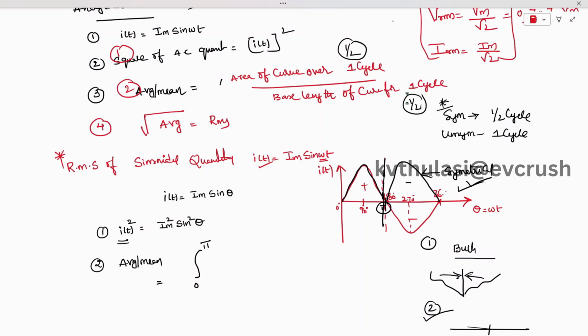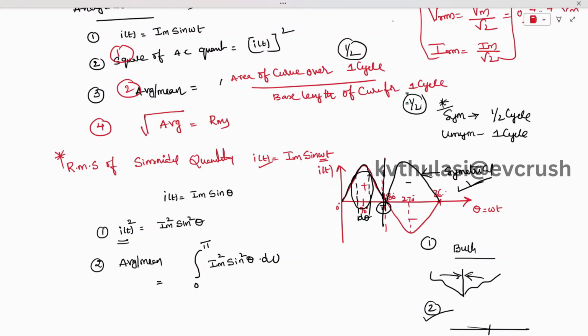The quantity to write down is Im squared sine squared theta. In order to calculate this value, we have to integrate over a small instant, so consider this instant as a small d theta.